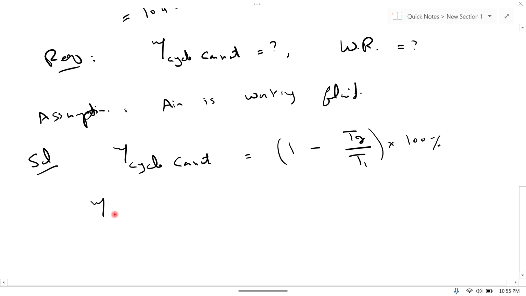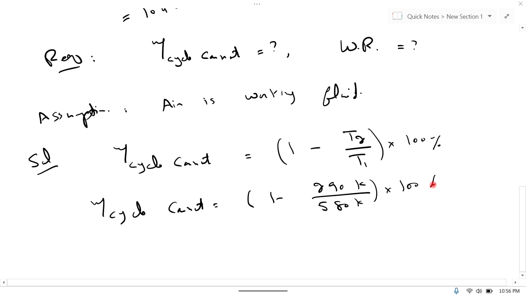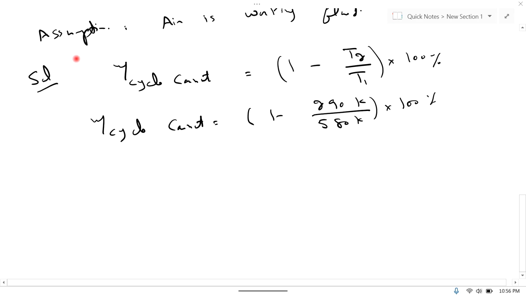Now the cycle efficiency of the Carnot cycle is equal to 1 minus T2, which is 290 Kelvin, divided by T1, which is 580 Kelvin, multiplied by 100%. So 290 divided by 580 is equal to 0.5.